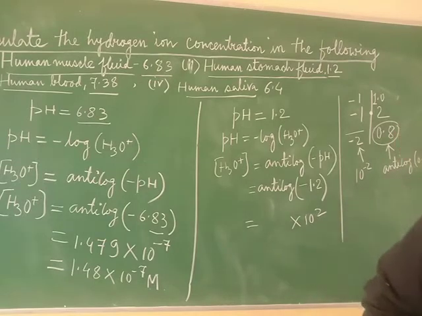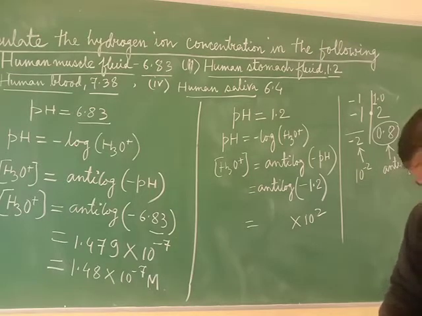Let's check in the anti-log table what is the value of anti-log of 0.8. It is 6310.